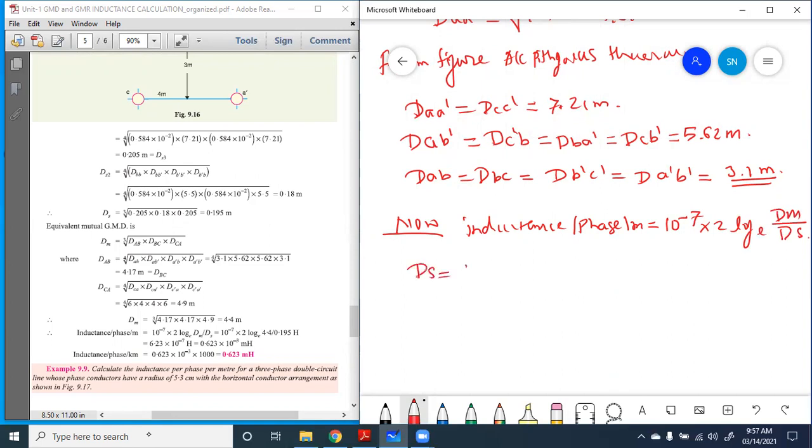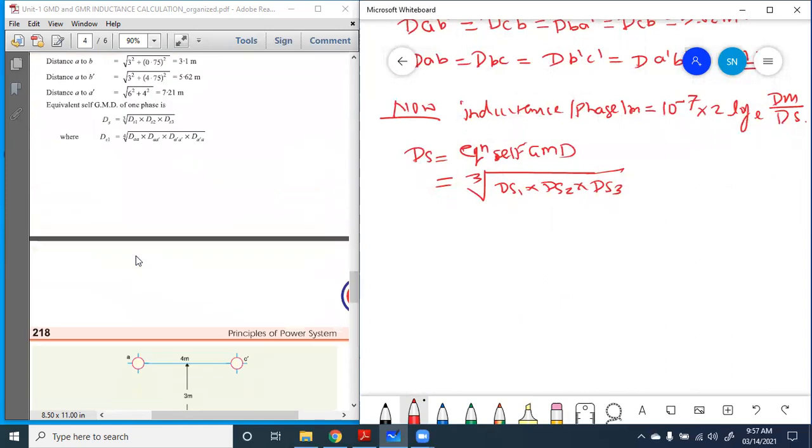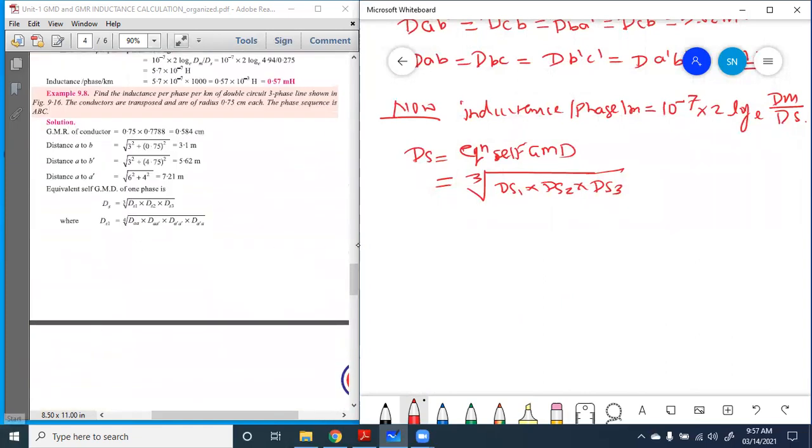What is Ds? Ds is the equivalent self GMD, equal to the cube root of Ds1, Ds2, Ds3, where Ds1 is related with conductor A. In the double circuit line, phase A is made from A and A', phase B is made up from B and B', and phase C is made up from C and C'.